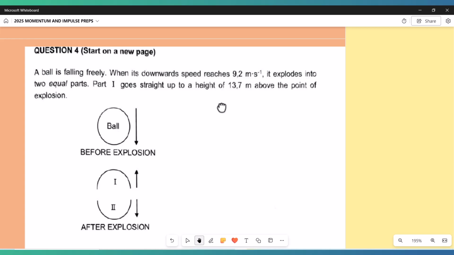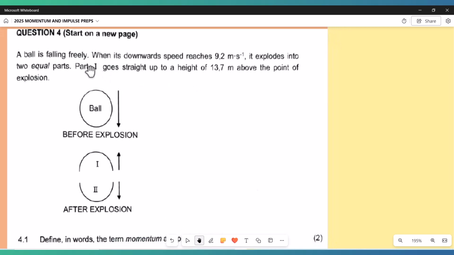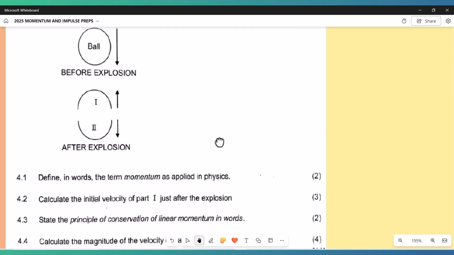A ball is falling freely. When its downward speed reaches this value, it explodes into two equal parts. Part 1 goes straight up to a height of 13.7 meters above the point of explosion. So we are looking for the initial velocity of part 1 just after the explosion.